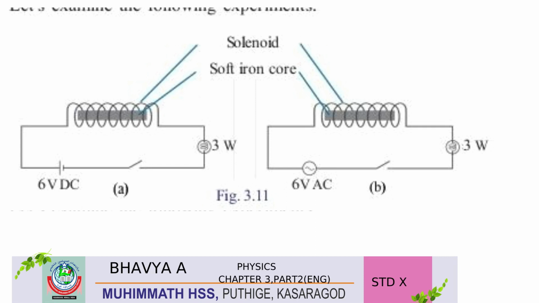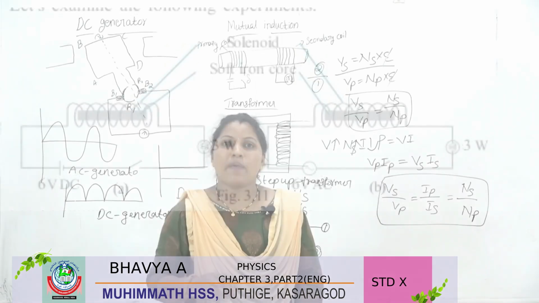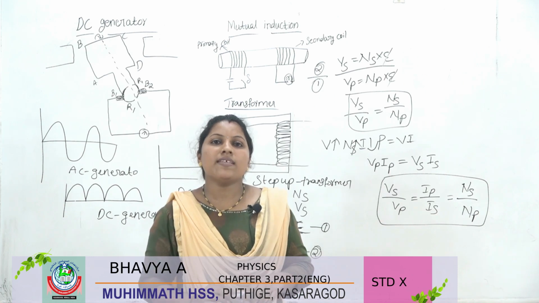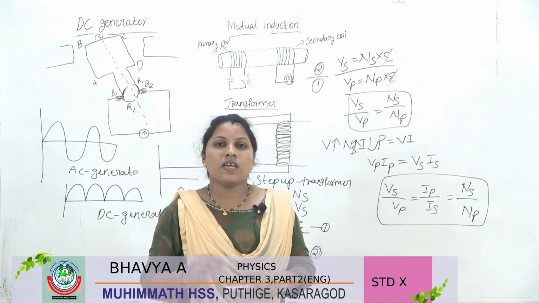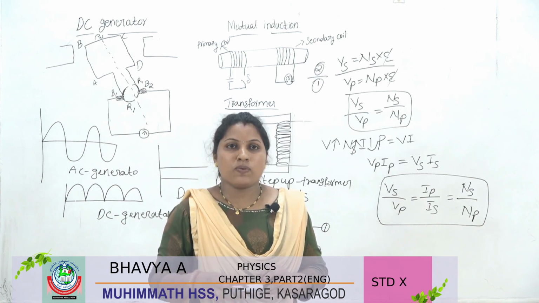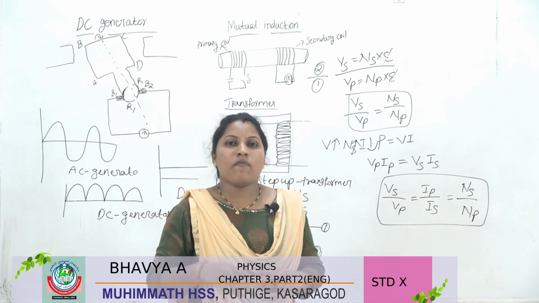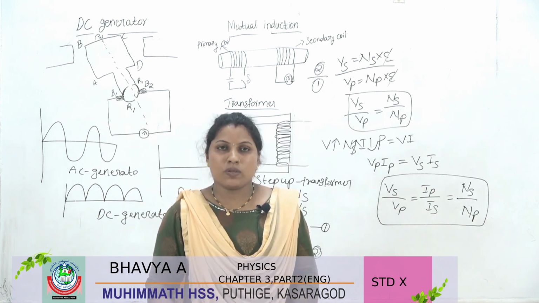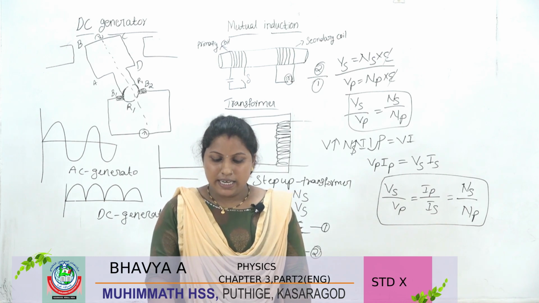When you pass current, a magnetic field is produced in the solenoid. While that magnetic field is produced, a back EMF is also produced. So circuit B glows with lesser intensity.